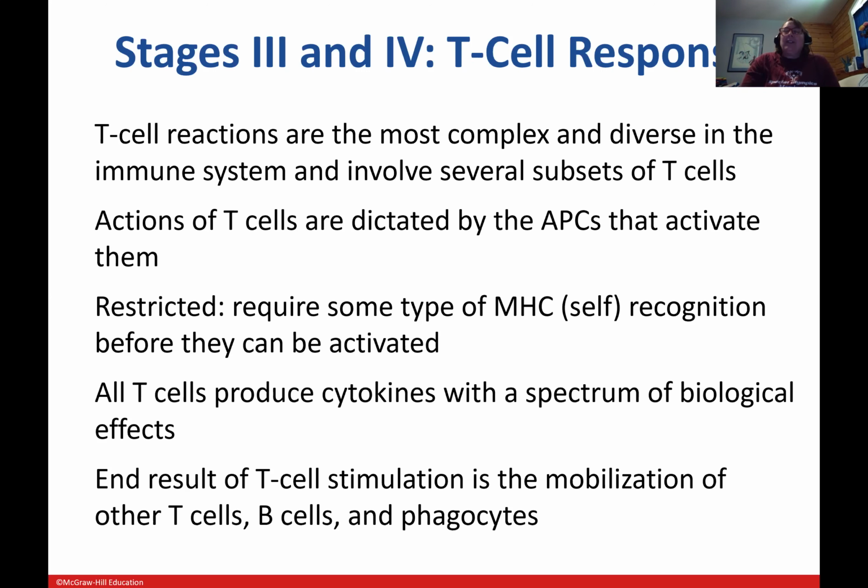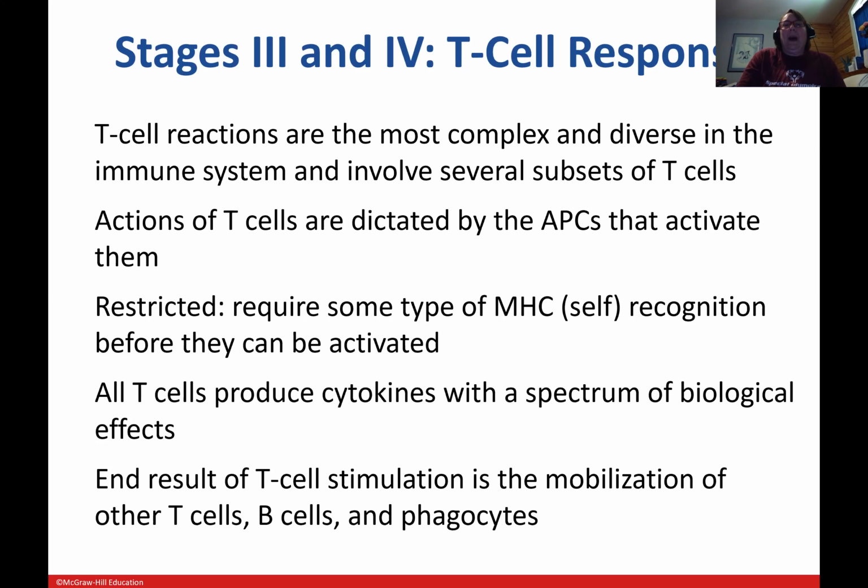The actions of the T cells are actually dictated by those antigen presenting cells, in terms of which MHC complex is involved, which of the antigen presenting cells actually does the presentation, and the cytokine milieu that's around that handshake. All of those things will make a difference in how the cells respond.